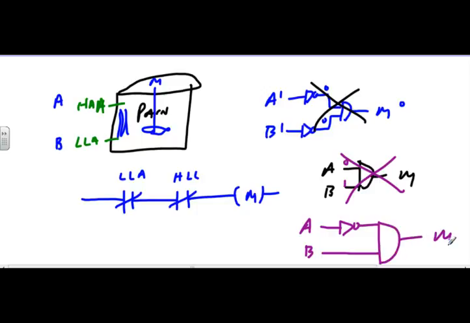So now when the high level alarm is off, I get a 1. When the low level alarm is on, I don't want that either, do I? I wanted the first one. I want the low level alarm to be off because I'm not there yet. Okay, so I'm off here, I'm off there, they're both off, they both come to 1.